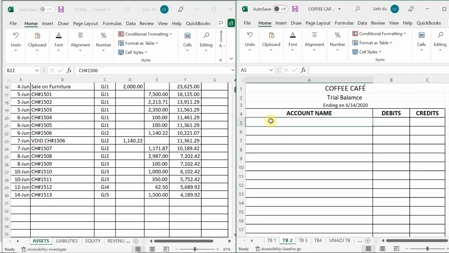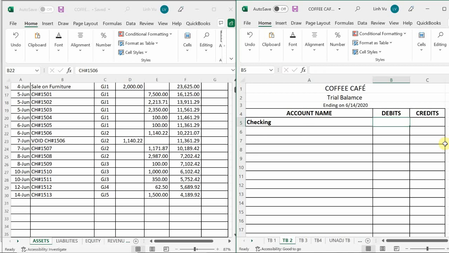And how much money do I have in my checking account? Twenty-three thousand, six twenty-five.